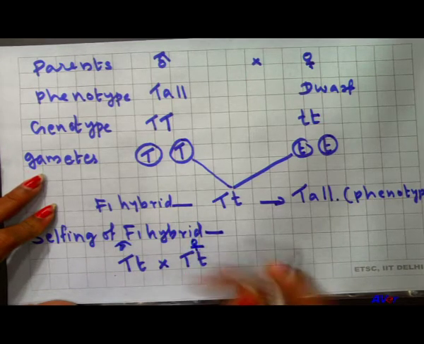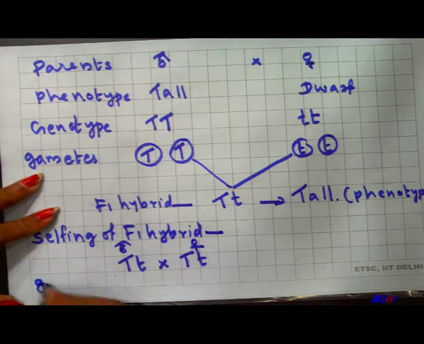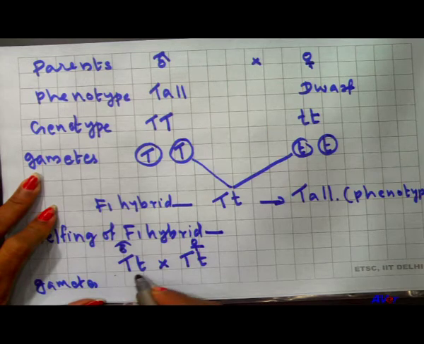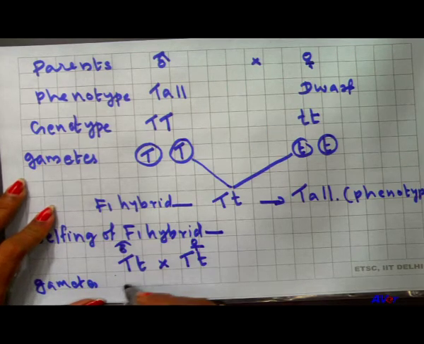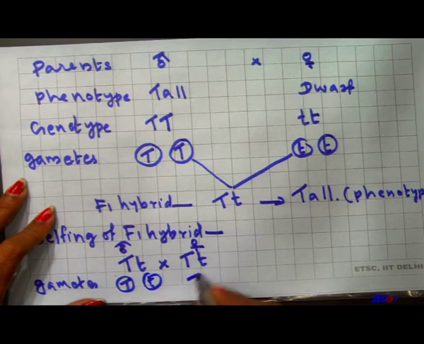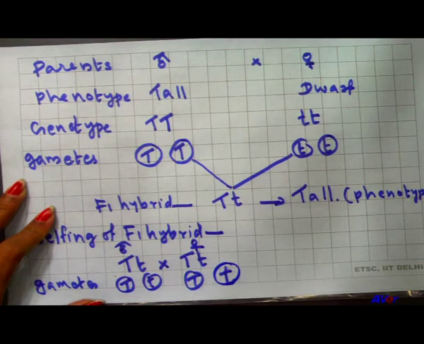One we will consider as male and the other as female here. Now, next again their gamete formation. What are the different types of gametes produced? So, these two alleles, contrasting alleles, they will segregate and move to two different gametes like this.